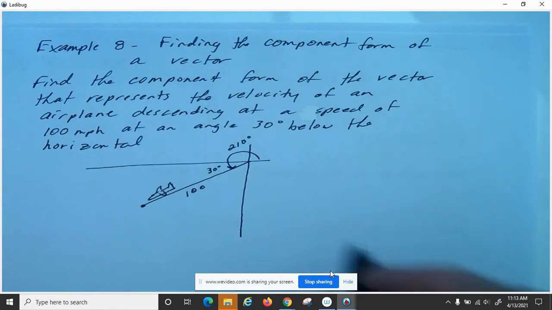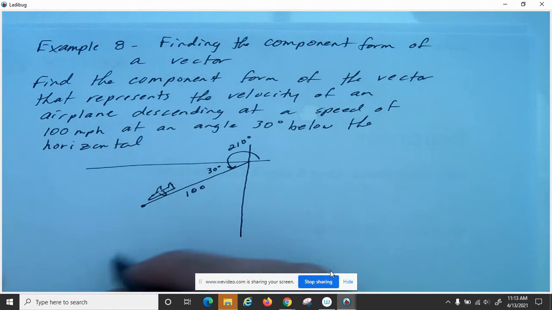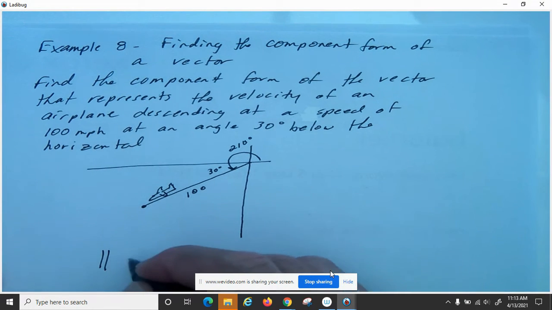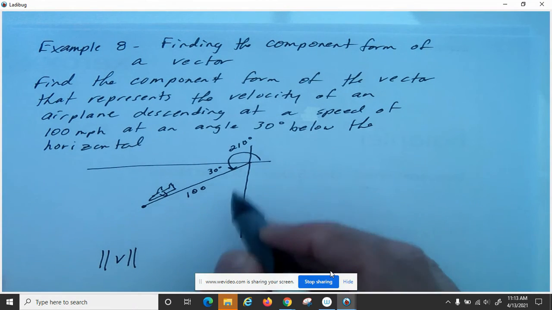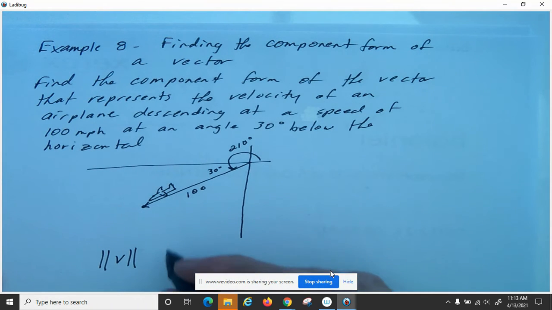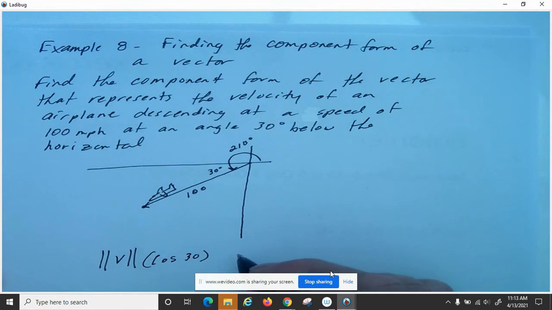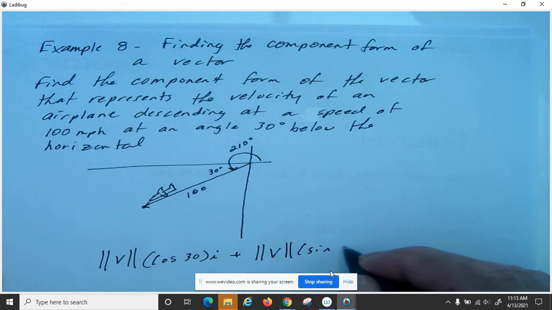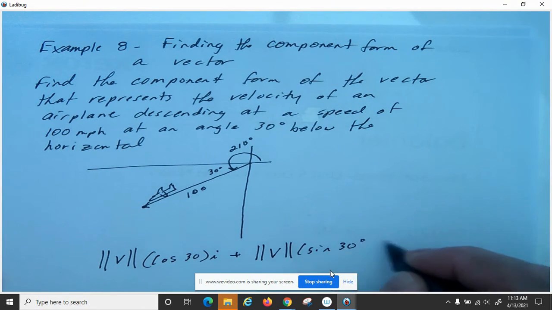Let me go ahead and write down this formula here. So the magnitude of vector v, we can call this vector v, times the cosine of a 30-degree angle times i, plus the magnitude of vector v times the sine of a 30-degree angle times j.